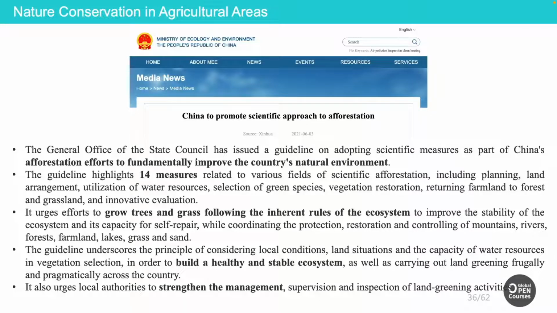It urges efforts to grow trees and grass following the inherent rules of the ecosystem to improve the stability of the ecosystem and its capacity for self-repair, while coordinating the protection, restoration, and control of mountains, rivers, forests, farmland, lakes, grass, and sand.